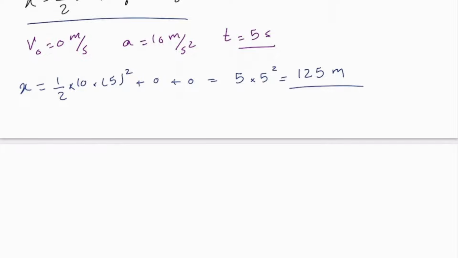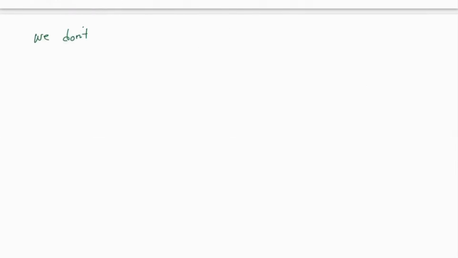Another equation that is especially helpful is for when we don't have any information about the time interval. We don't know the time interval. In this case, we can use the following equation that can be obtained by solving the previous equation for the final velocity.